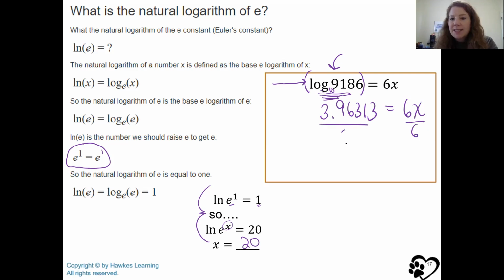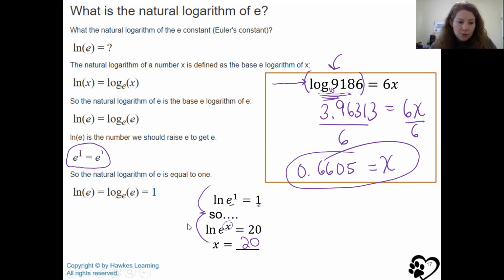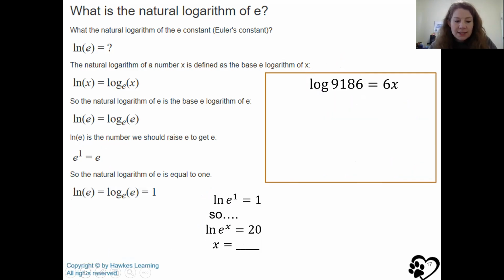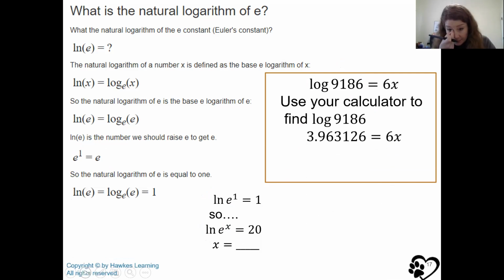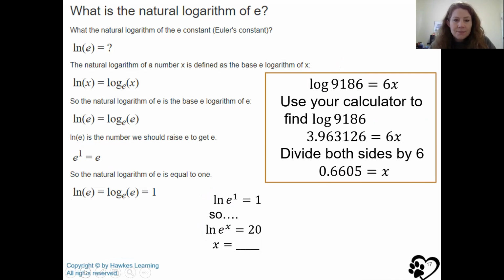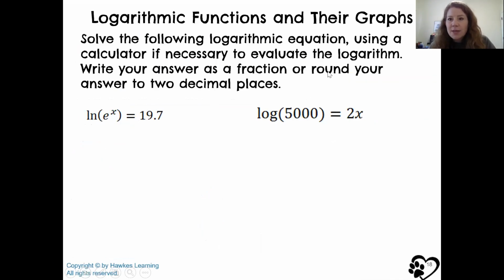I would divide this number by 6, and my x is equal to about 0.6605. That's what x equals. So we're going to use our calculators as much as we possibly can.